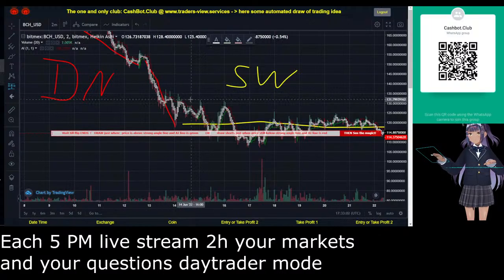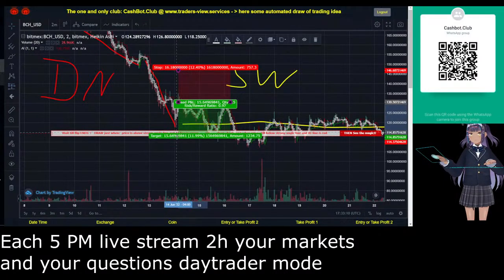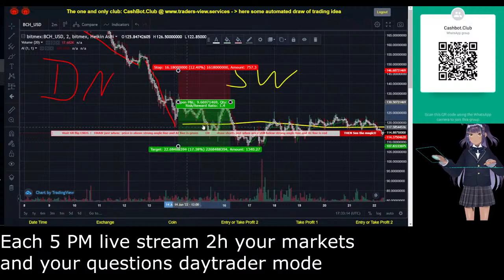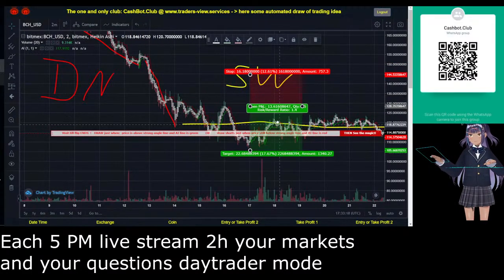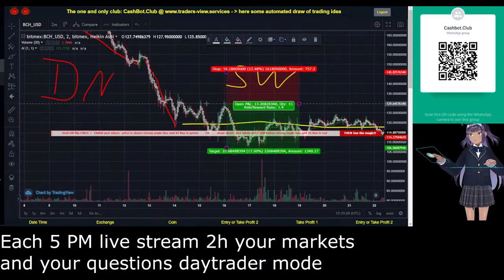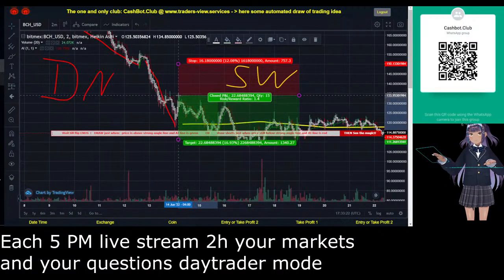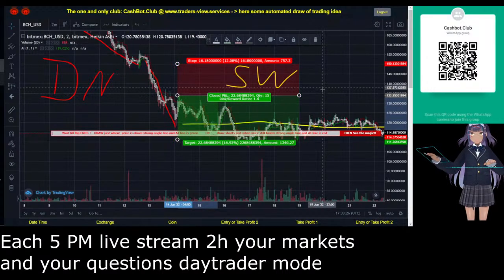Same time frame. 1, 2 touches. And bottom here. Let's see. It is just 69.